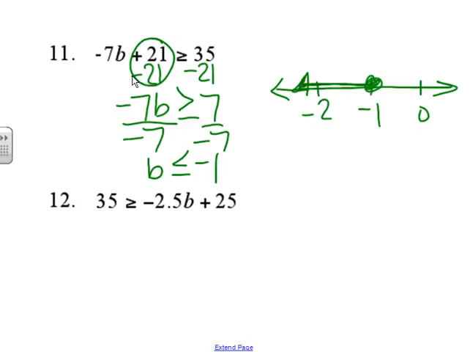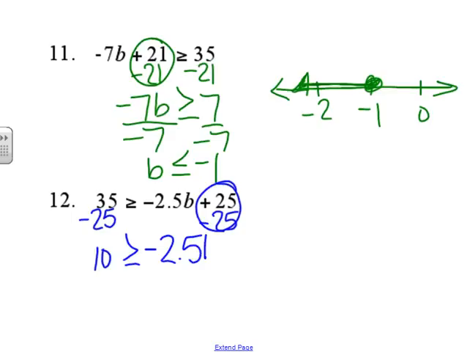Okay, number 12, subtract 25 from each side. So we get 10 is greater than or equal to negative 2.5b. Divide by negative 2.5. So the inequality reverses.